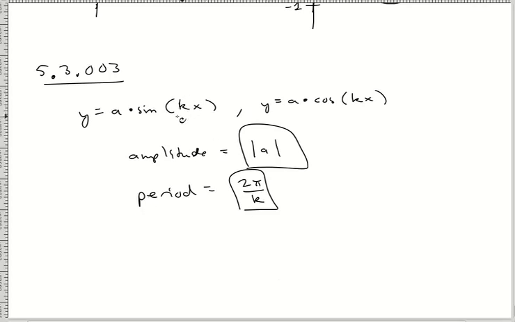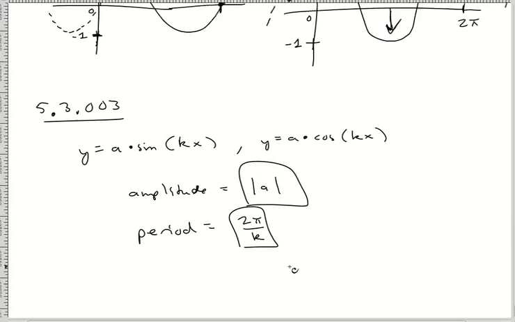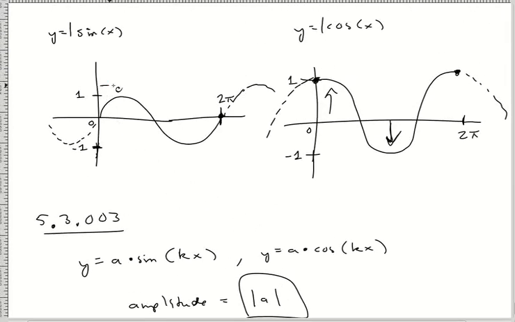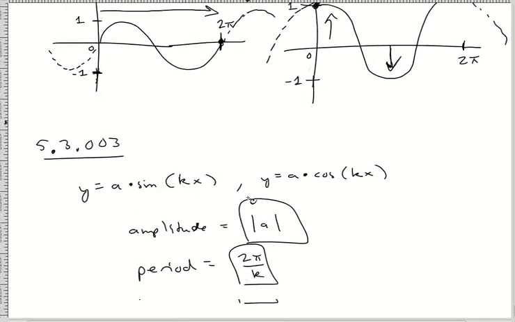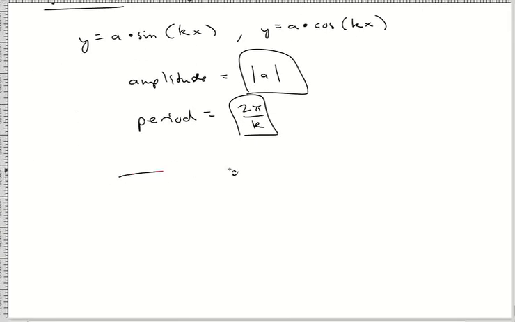So whatever k you have there, you put in the denominator, and you get your period. Period is how far it takes to get back to itself, how far it takes until you start seeing a repeat. And so here it's 2 pi. That's my first period, and that's what I'm going to be focusing on when I draw this stuff.